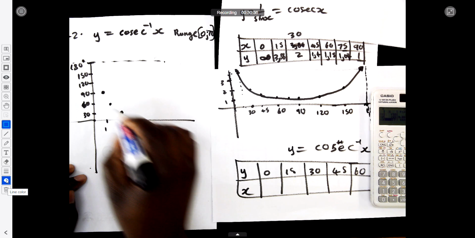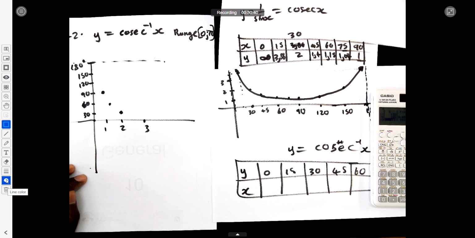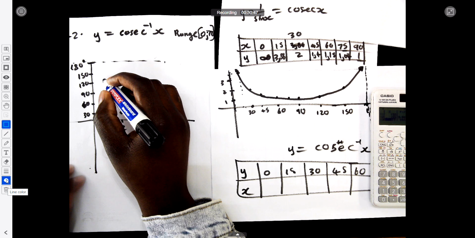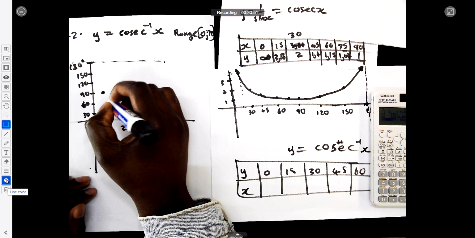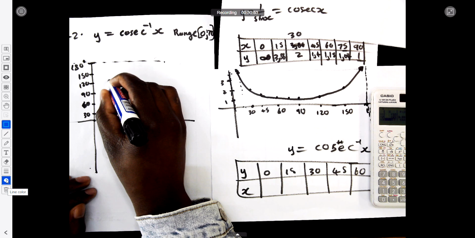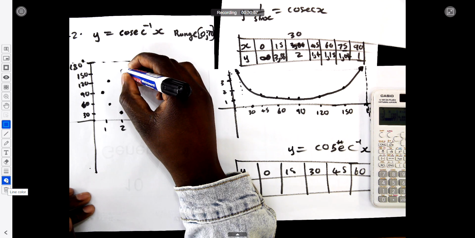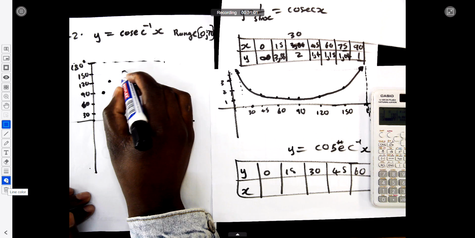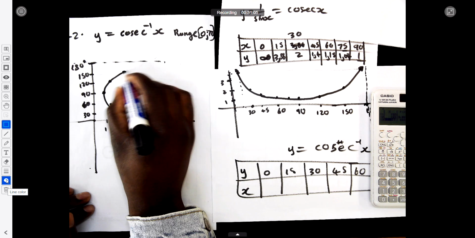So these points will be mirrored on the other side because it's turning at 90. Then at 120, it's 1.15, right? You'll agree with me? And at 150, we know it's 2, isn't it? So at 150 is 2. So the arc cosec graph, if you chose to step by 30, you'll be having that.